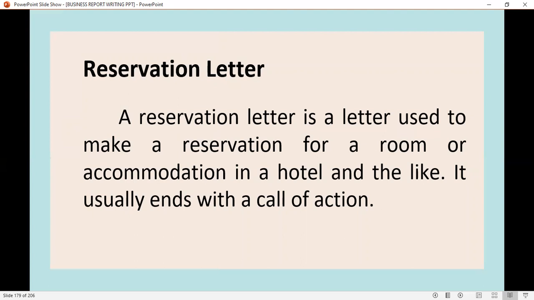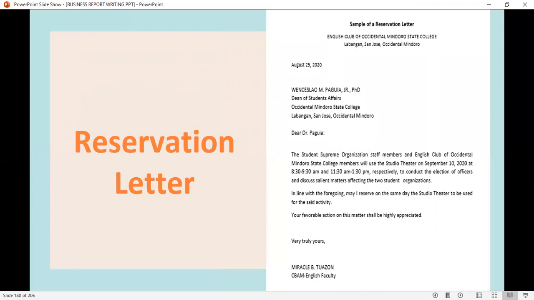And another thing, if you were not able to go out, since no one is allowed to go out, right? If it is not necessary, then you have to call the receptionist or the place or send reservation letter. So this is an example of a reservation letter.